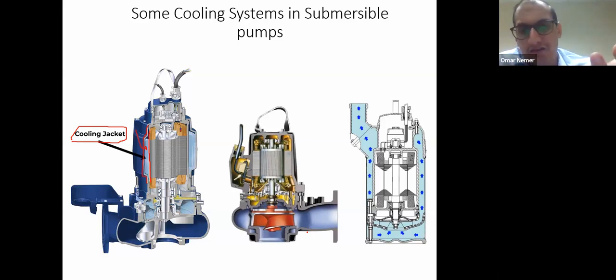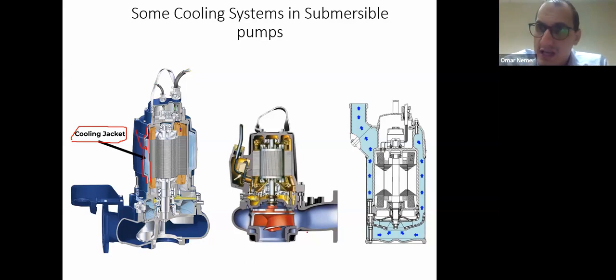So this, of course, will consume part of the pump power in circulating the cooling liquid. So this could be a source of lowering of the efficiency, but we need it.